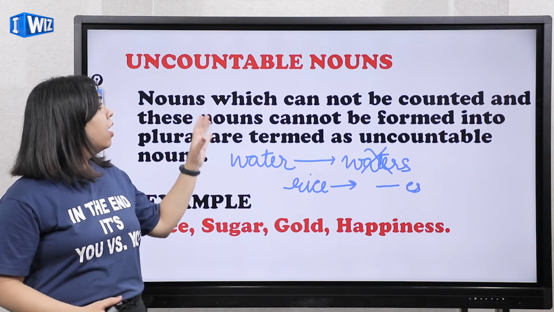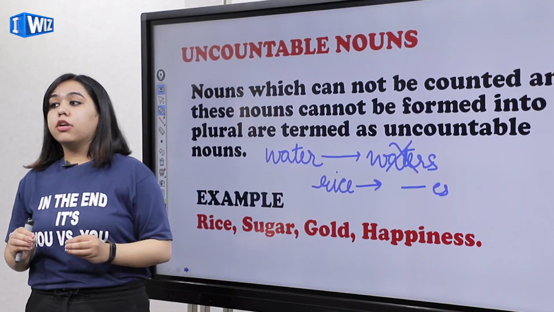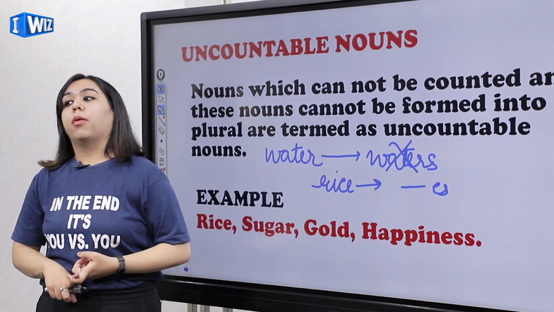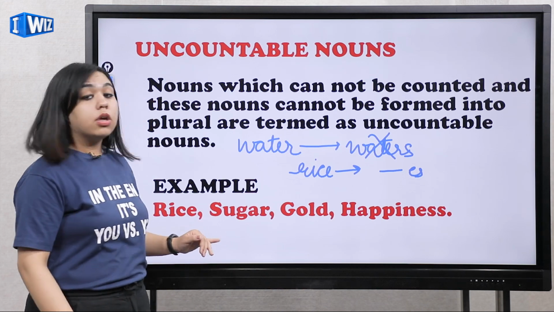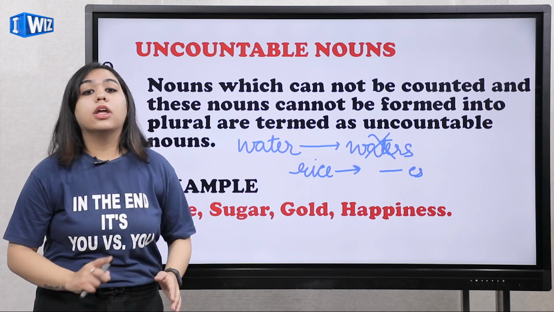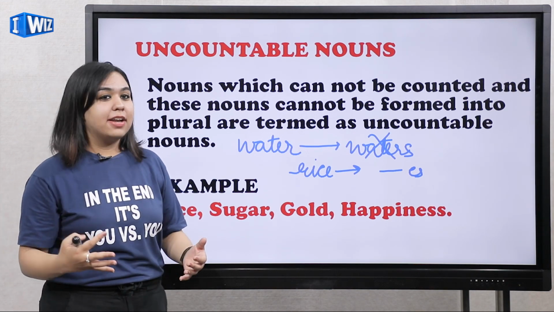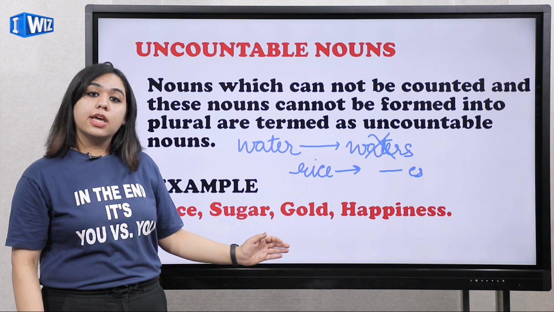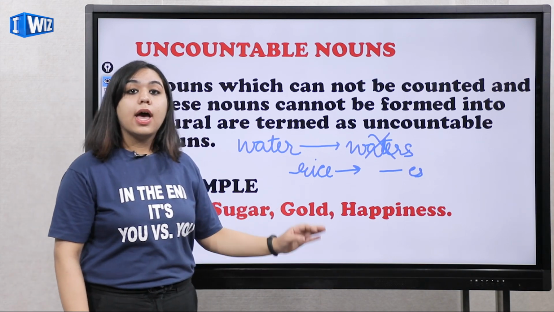Yes, we can measure, but under the heading uncountable, the main thing that should be clear in your mind is that we cannot count them, but we can measure them. Talking about rice, we can measure rice, 1 kg rice, 2 kg rice, but we cannot count it like 1 rice, 2 rice, 3 rice. I hope you are understanding it. Sugar, again the same case, you can measure it, but you cannot count it. Talking about gold, happiness.